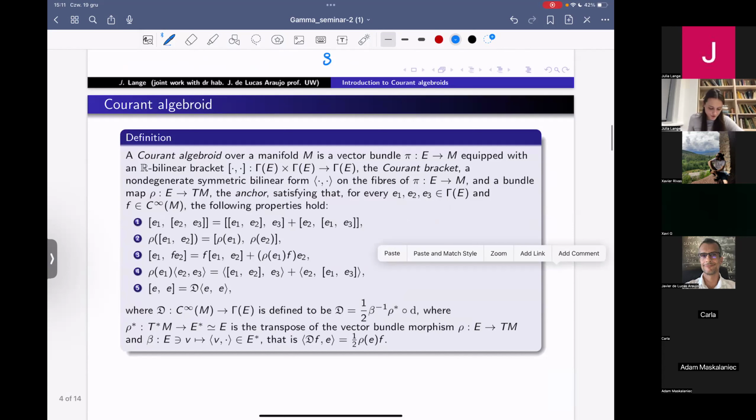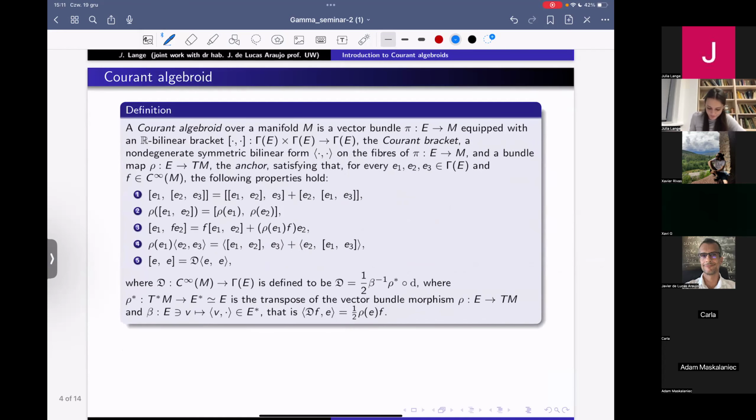Now I want to introduce you to a generalization of this kind of structure, which is called the Courant algebroid. Once again, we are considering some vector bundle. Right now, we are also given a bracket, but it's not in general skew-symmetric, so it's not a Lie bracket at all.